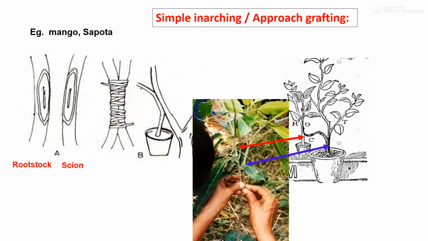In this method, a 1 year old terminal stem or twig having near about 45 to 60 centimeter length, and definitely the same thickness as that of the rootstock, is selected from the scion tree of desirable variety. Then we select a healthy and well established rootstock.